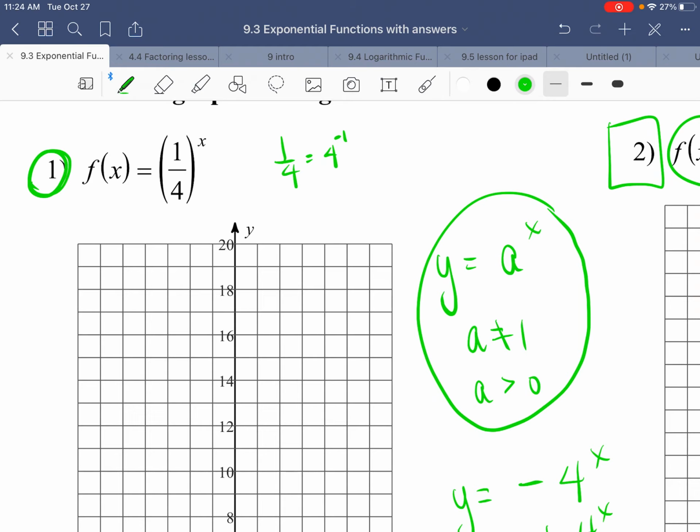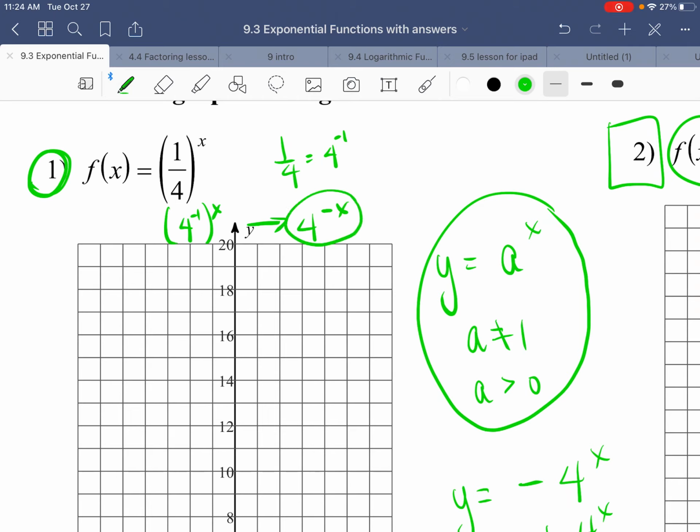So if I rewrite 1/4 as 4 to the negative 1, those two things are equivalent, then I can do a transformation. So with your properties of exponents, if you have a power raised to a power, they get multiplied. And this is what I could graph.